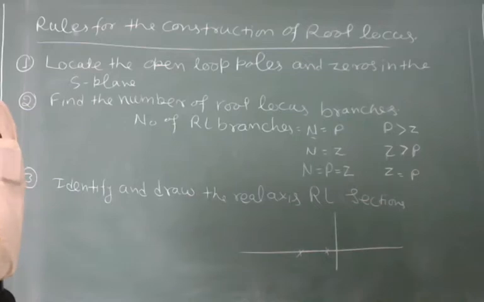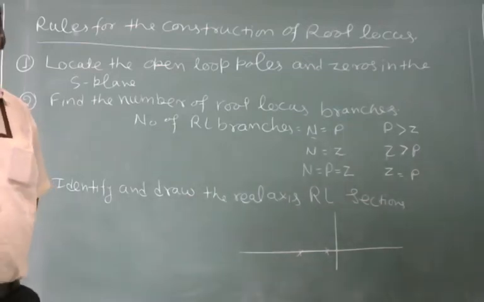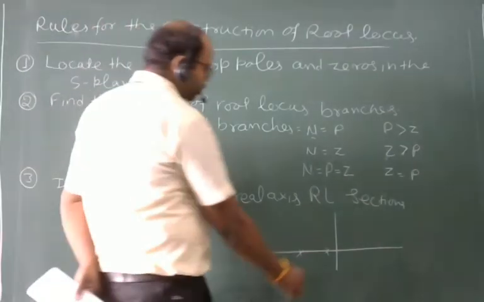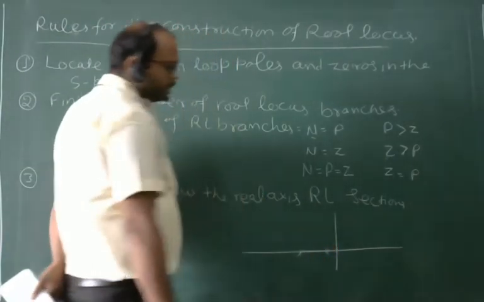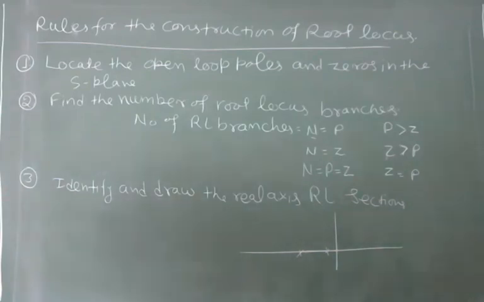The number of roots to the right of the section is odd, then only the root locus will exist in this section. Otherwise, the root locus will not exist in this section, right?